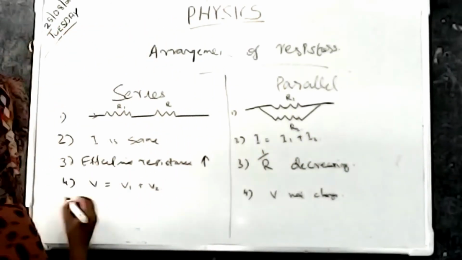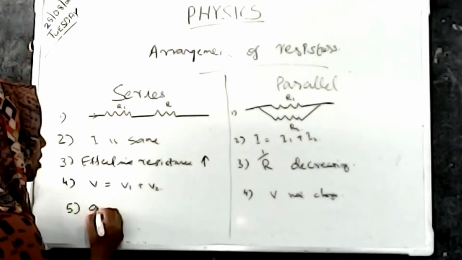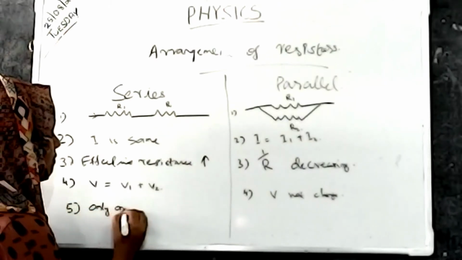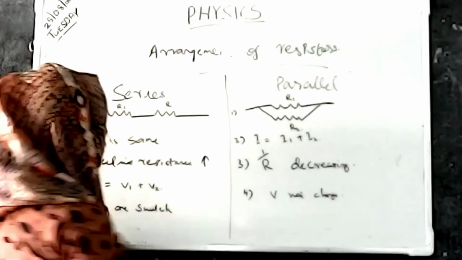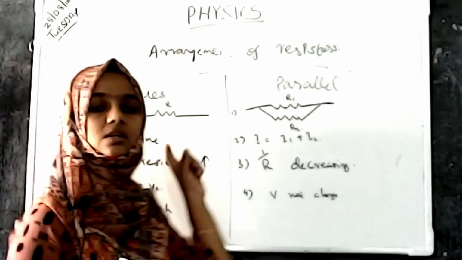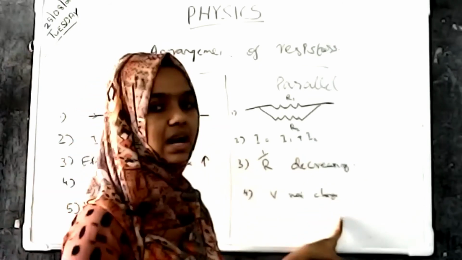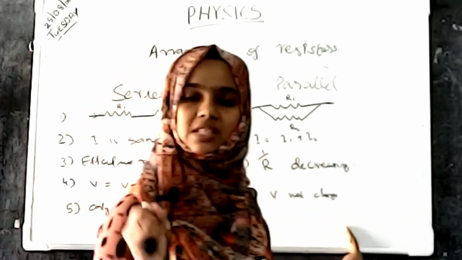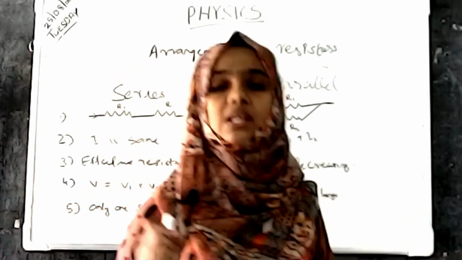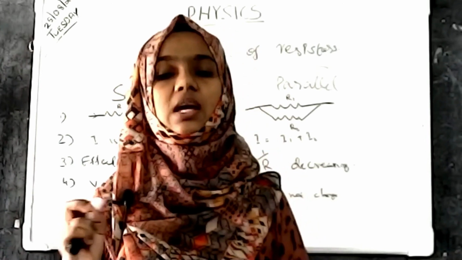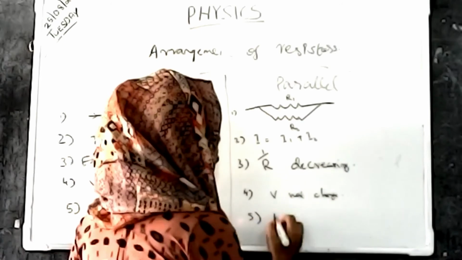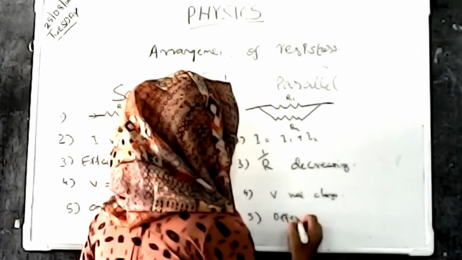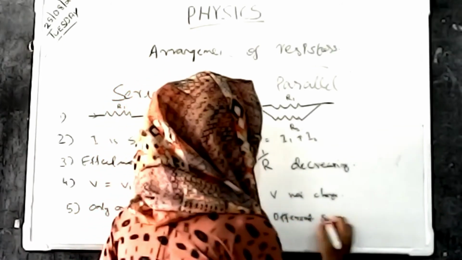So here we need only one switch for working the whole circuit. But in parallel connection, each of the resistors works with its own switch. So different switches are needed to work different resistors.